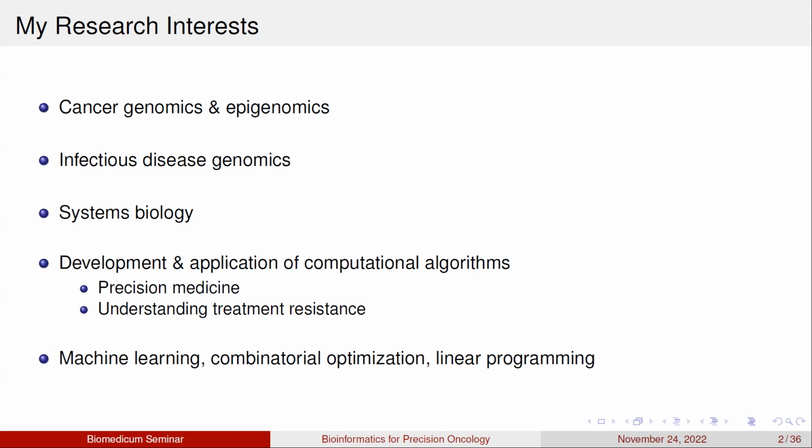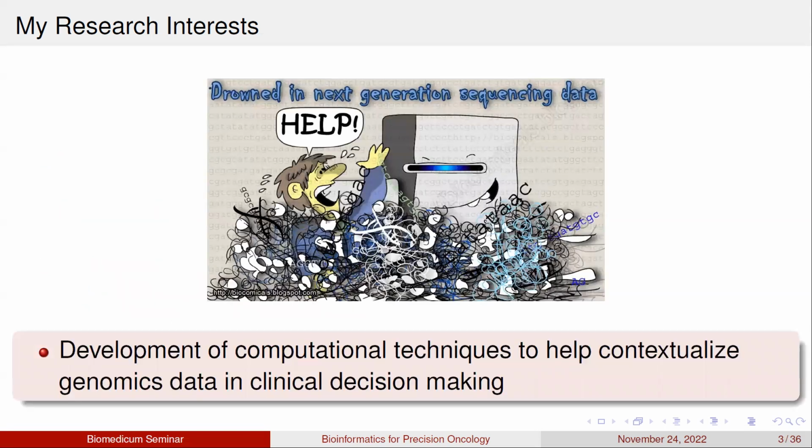My main research interest lies especially in trying to contextualize different genomics data while making clinical decisions. As you're all aware, there is an enormous amount of genomics data being generated now, and it is highly challenging to put all this genomics data into meaningful context and to utilize this massive amount of data.